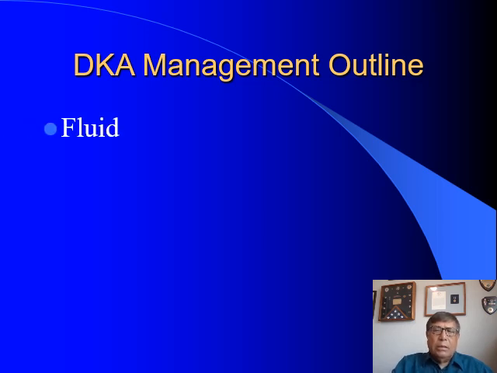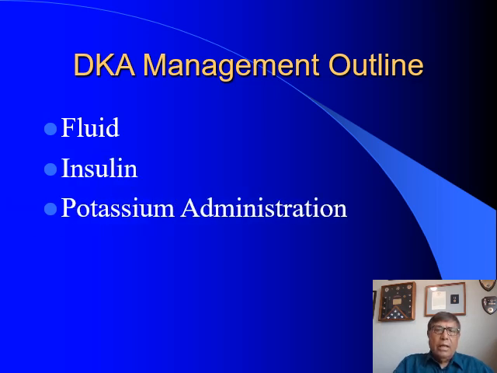The first thing when the patient presents in the emergency room, either a known diabetic with DKA or a new onset diabetes, the first consideration is fluid resuscitation. The second consideration is the insulin, and then third is potassium administration, and I will discuss this as I go through, and when to start insulin and give potassium.